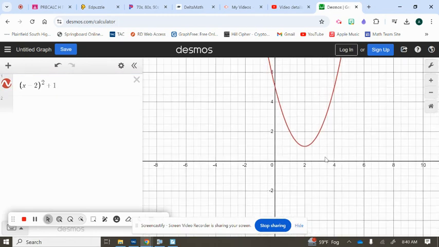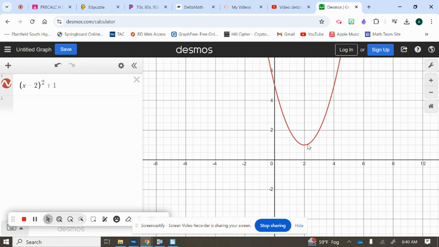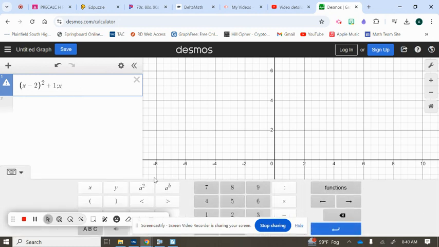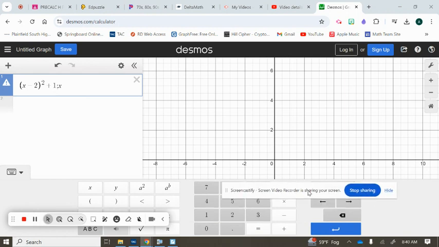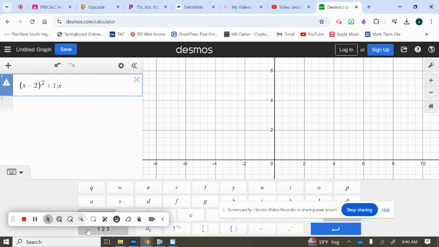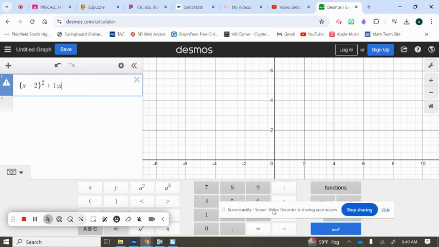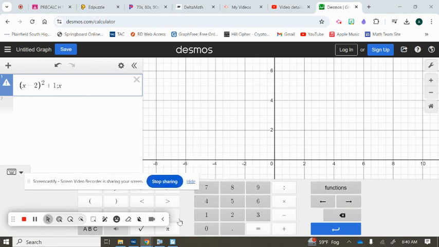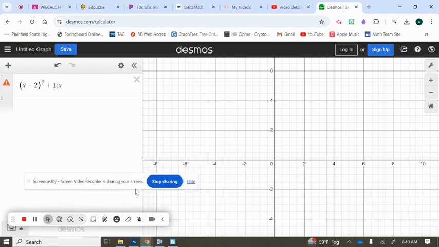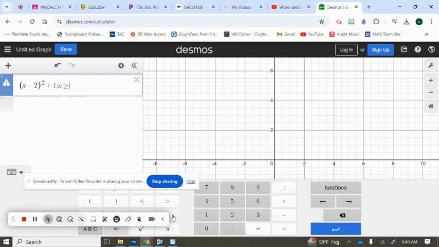So what we need to do is restrict this original domain so that it does pass, because we limit it to the left-hand side or the right-hand side of that parabola. The best way to do that this time is to take all of our x values greater than or equal to 2.